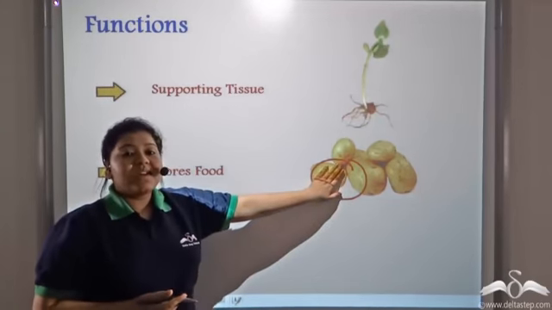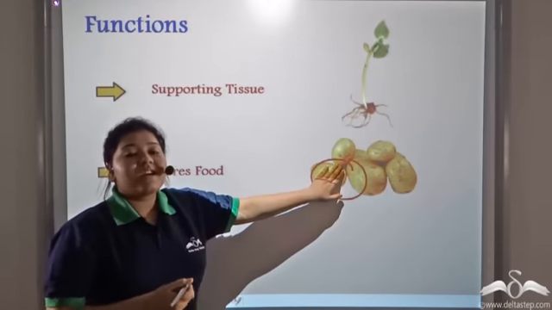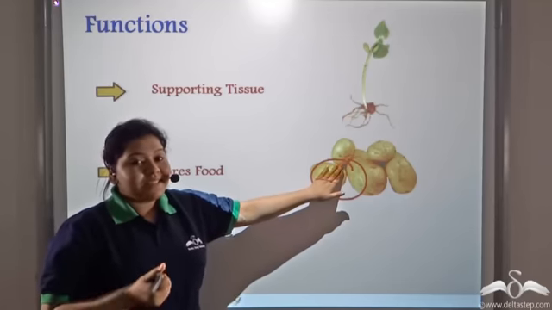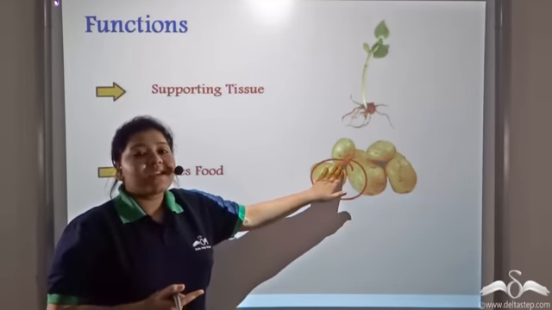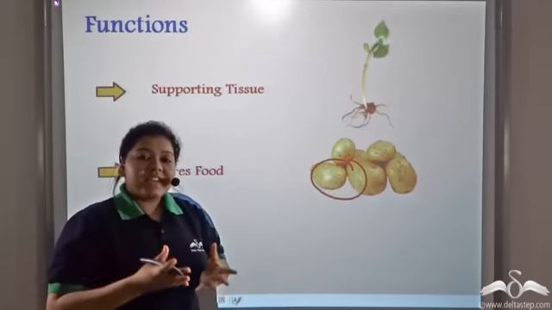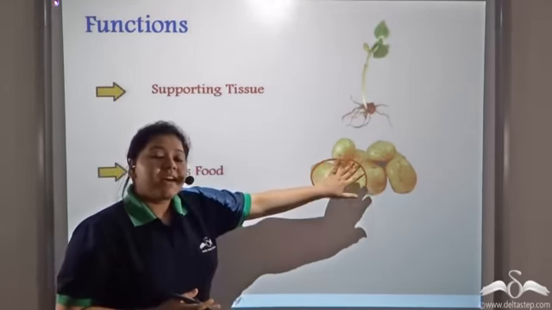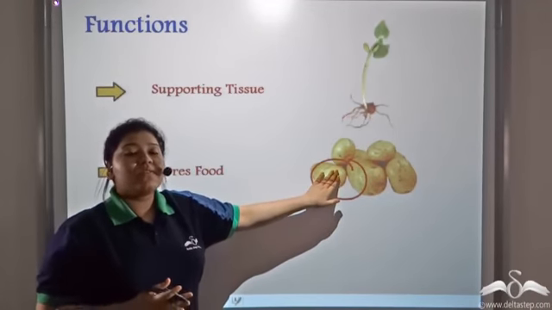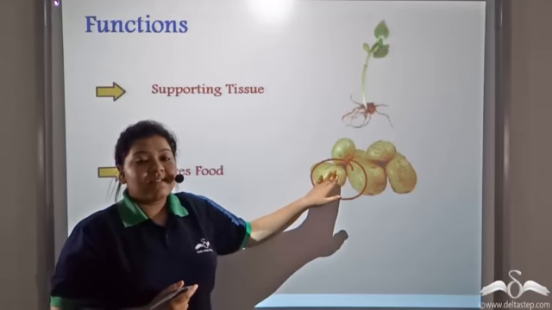These potatoes contain an abundant amount of these parenchyma cells among other cells. So parenchyma cells contain vacuoles in them, and those vacuoles store starch. So potatoes have an abundant amount of starch in them because of the presence of a lot of parenchyma cells.